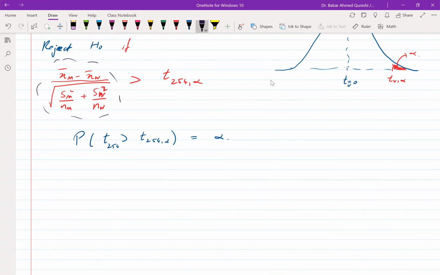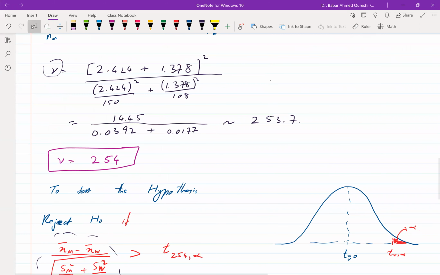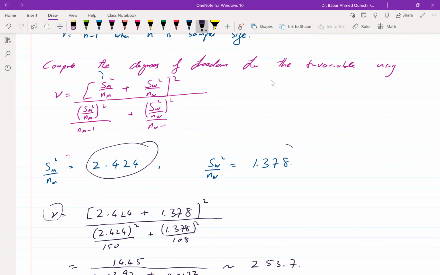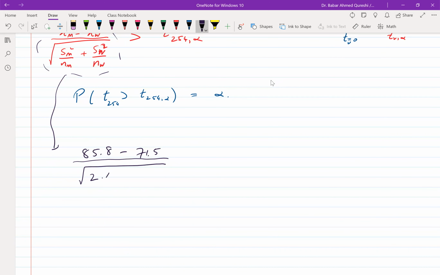So when I compute it, I have 85.8 minus 71.5 over these two numbers which I had already computed, Sm square over Nm here and here, (2.424 plus 1.378). So it gives me something like this. So it's 7.33.